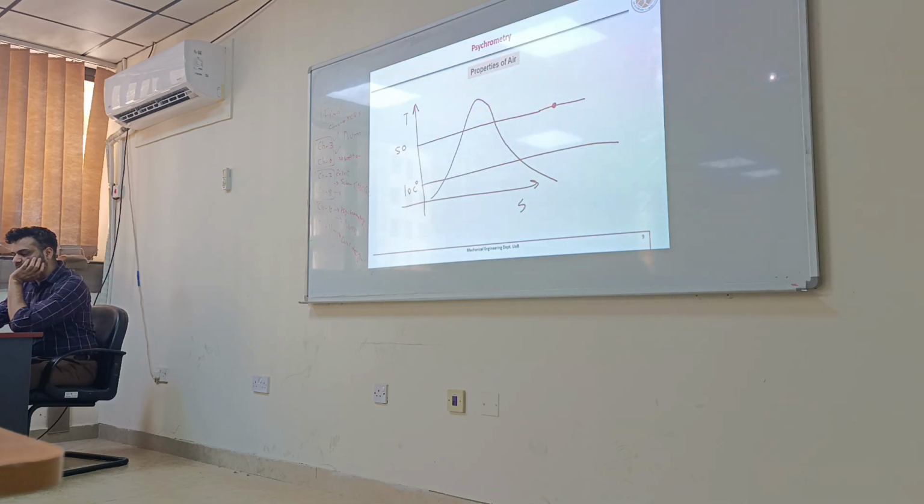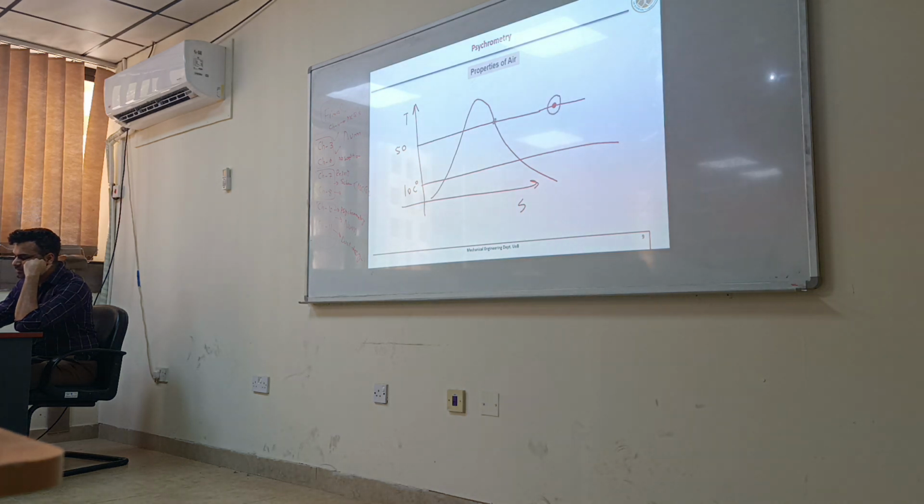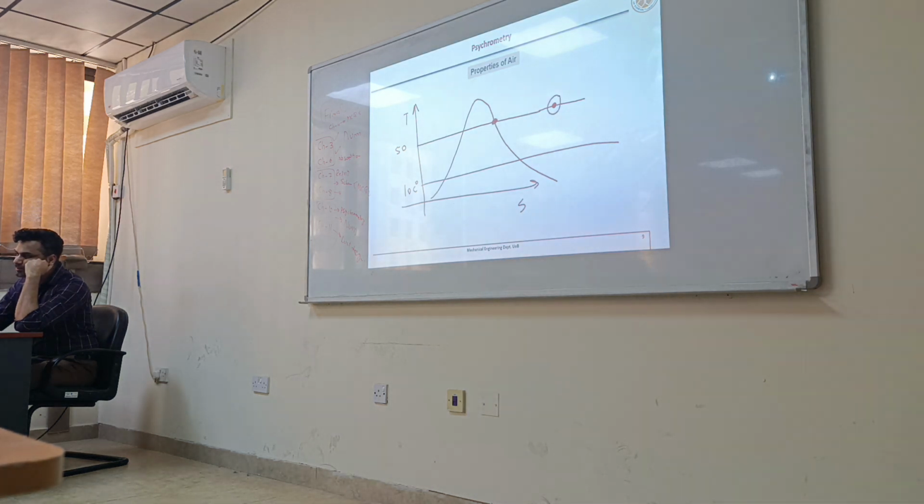Here is the water vapor pressure in that air. This is actual, this is maximum possible. If I show a similar point here at a lower temperature, this is actual, and this is maximum possible.